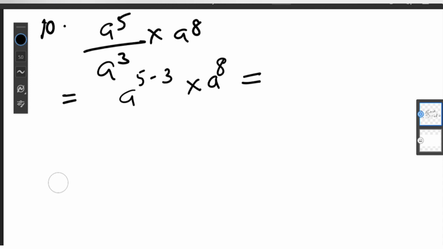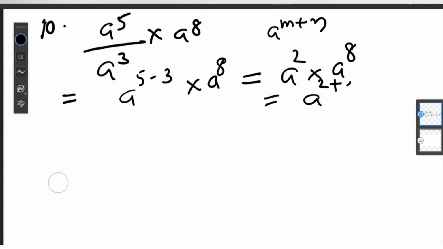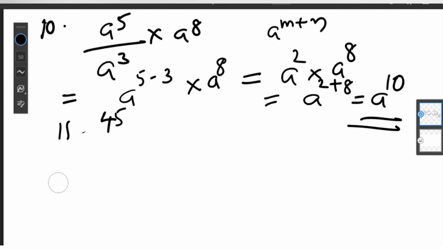A raised to 5 minus 3 into a raised to 8 is equal to a raised to 5 minus 3, a raised to 2 into a raised to 8. What is that? A to the power m into a to the power n, a to the power m plus n. That is equal to a to the power 2 plus 8 is equal to a to the power 10.